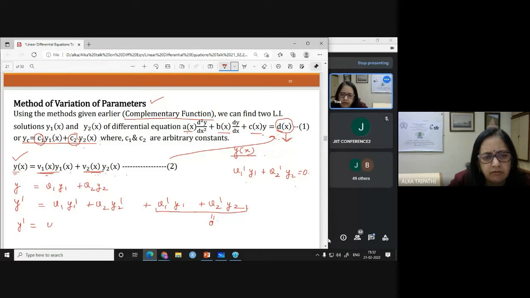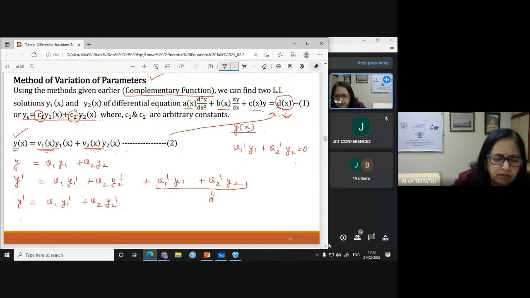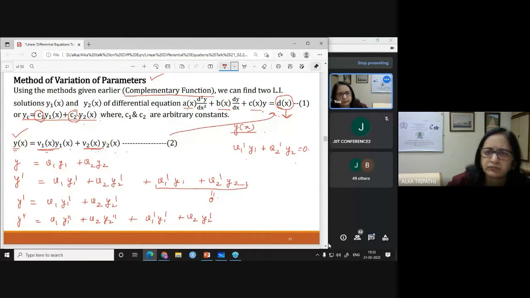Now my y dash changes to, because this part I have already assumed to be 0, v1 y1 dash plus v2 y2 dash. Again differentiating y dash, you will get y double dash equal to v1 y1 double dash plus v2 y2 double dash plus v1 dash y1 dash plus v2 dash y2 dash.